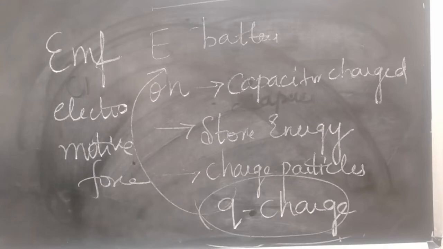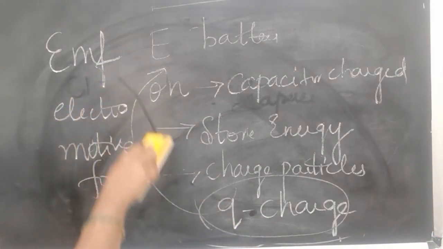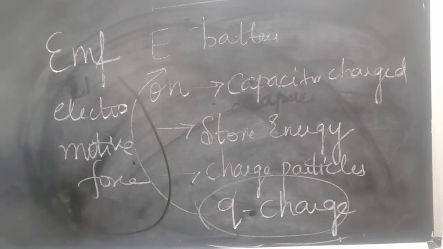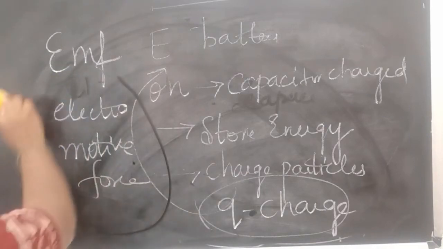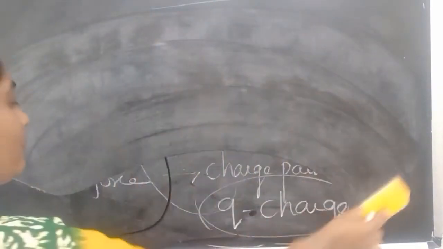So what is the second part? When the battery is on, the capacitor gets charged up. The energy flowing from the battery E makes particles move, and those particles get charged, which is why they are called charge particles. Here the charge is denoted by Q, which in turn develops a back EMF, which leads to growth of charge.